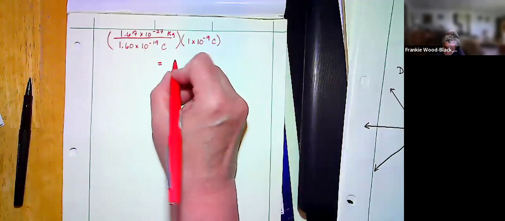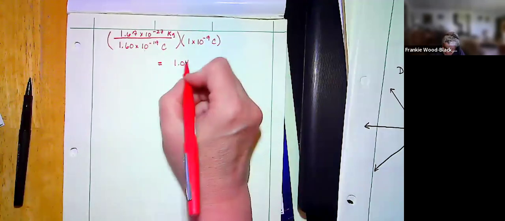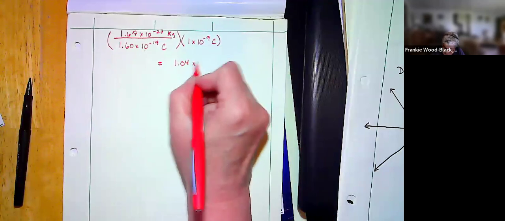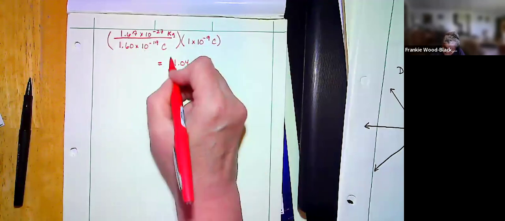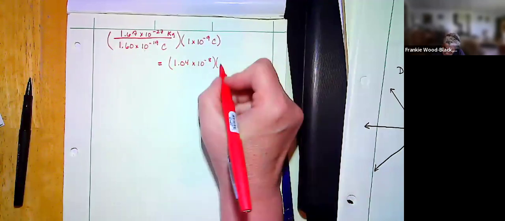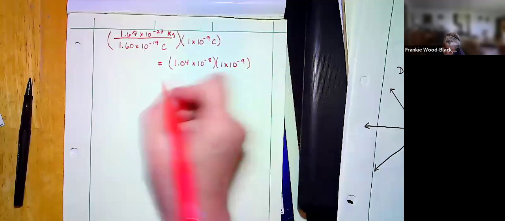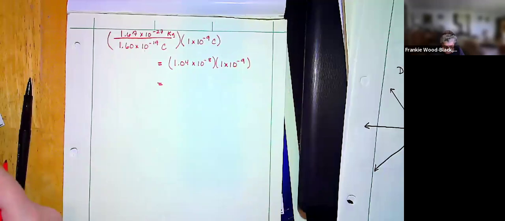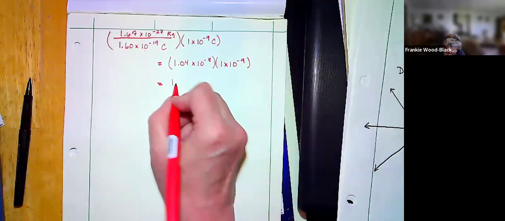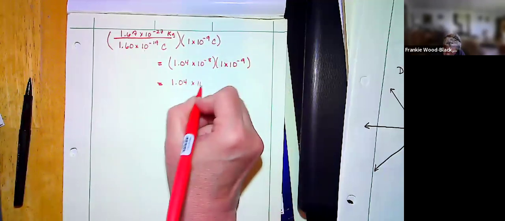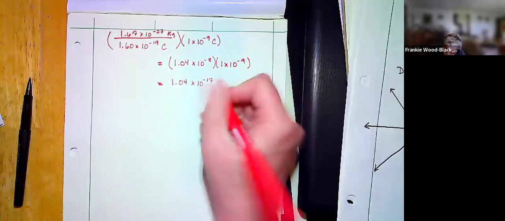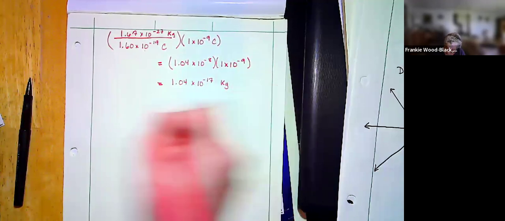And that gives me 1.04 times 10 to the minus 8. And I've got 1 times 10 to the minus 9. This gives me 1.04 times 10 to the minus 17 kilograms.